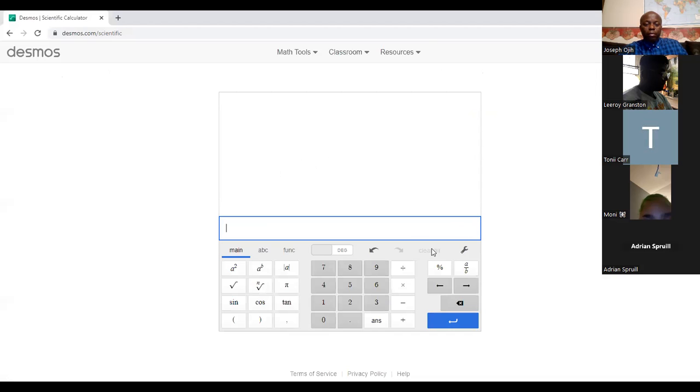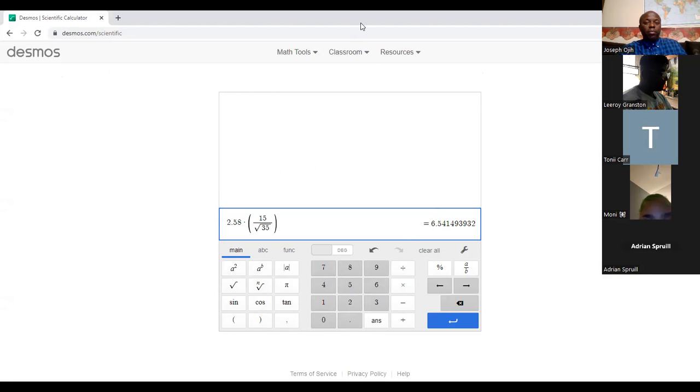So we got 2.58 times the standard deviation of 15 divided by the square root of 35. All right, we get 6.54.